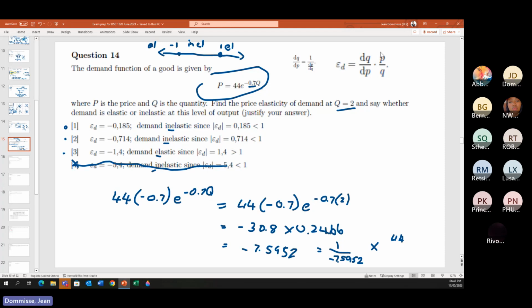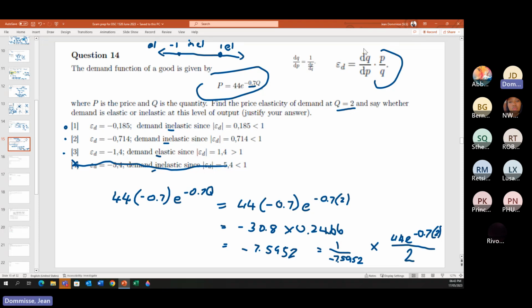So that to get the P, so the P you need to, so this is really a long, and Q is 2.